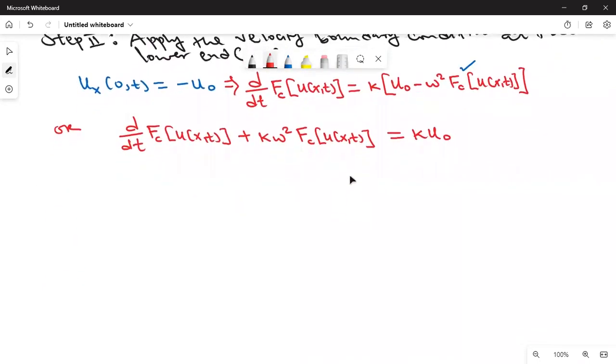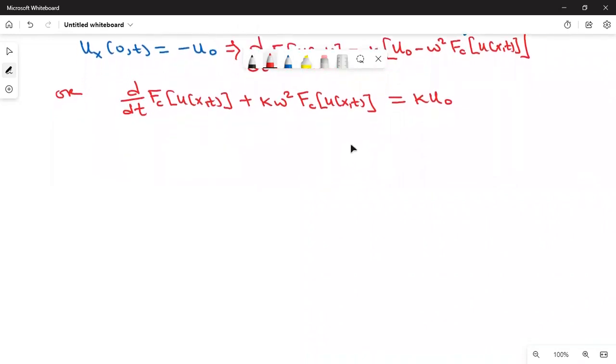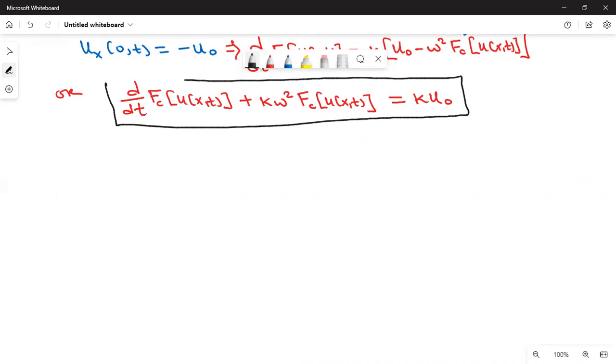It is linear in the Fourier cosine transform, or you could also solve it using the D operator method. So this is an ODE, so we can use the D operator method. Of course, it is linear. Also, you can solve it as a linear ODE using the integrating factor method. But I find the D operator method is easier for me.